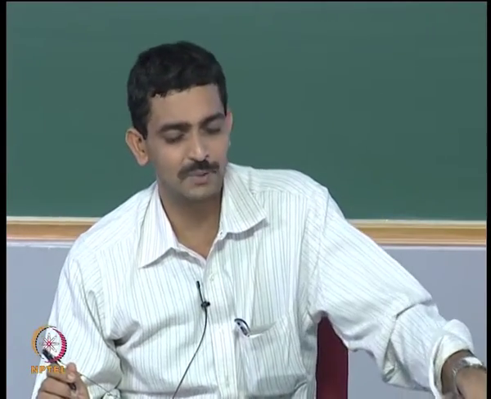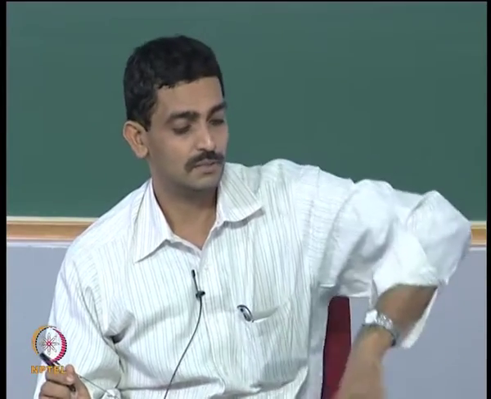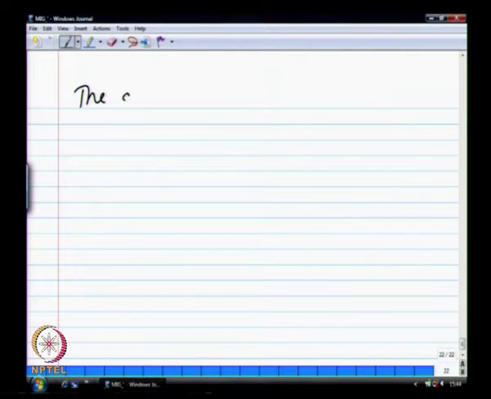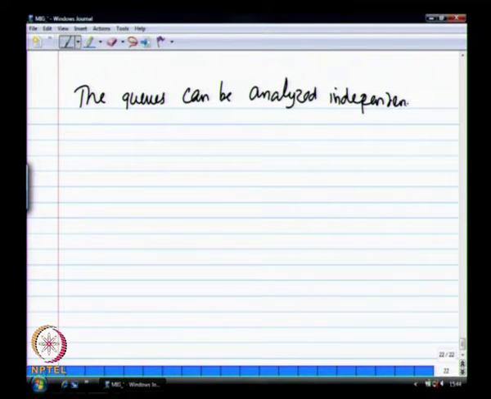Again, some of the proof we are just stating as is, but we can check in a couple of minutes or so, right. So that result is what led to this analysis, that the queues can be analyzed independently of each other. Okay.